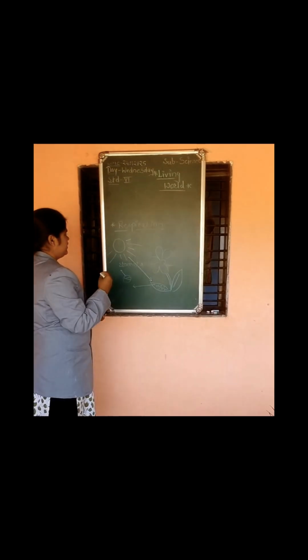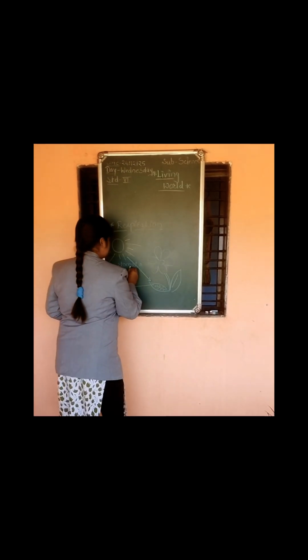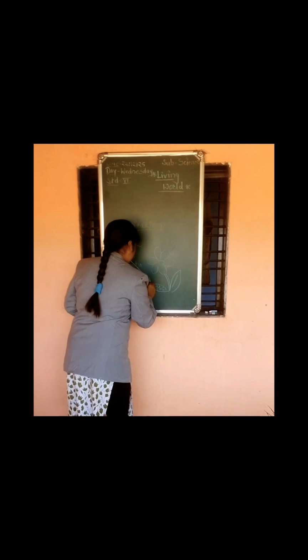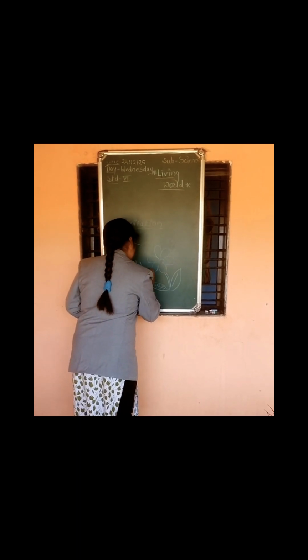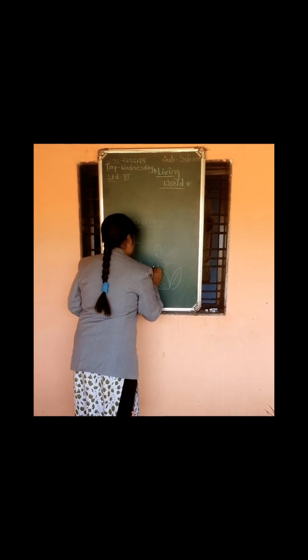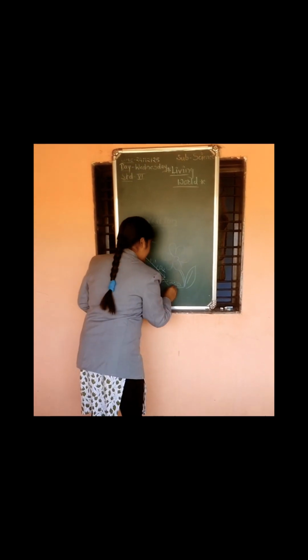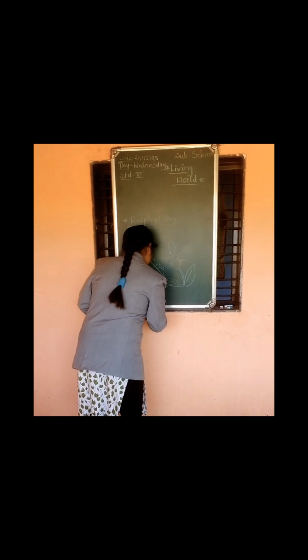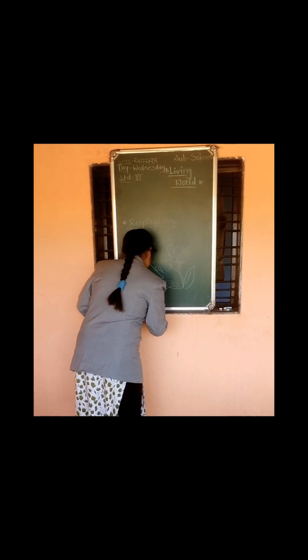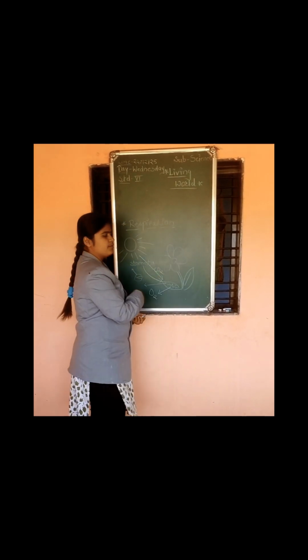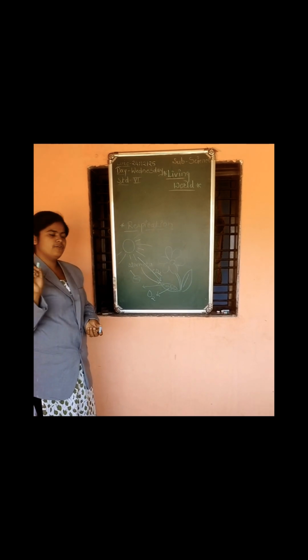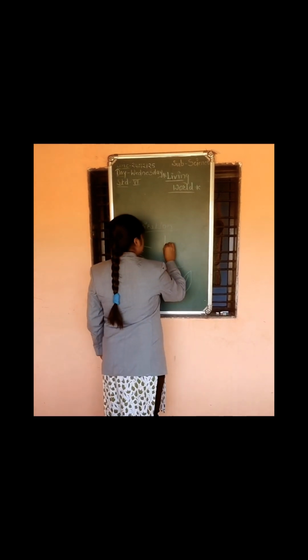The plant's leaves, through these stomata structures, take in carbon dioxide from the atmosphere and release oxygen into the environment, and this overall process is called the photosynthesis process.